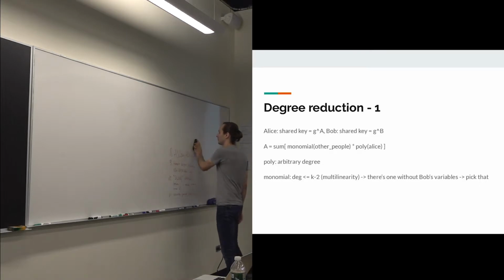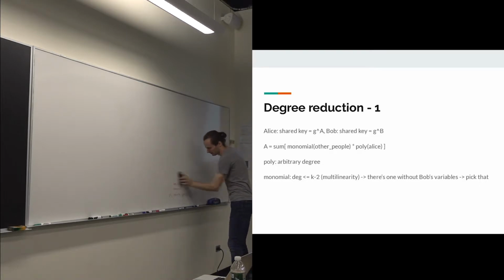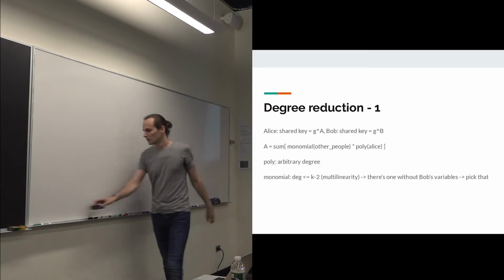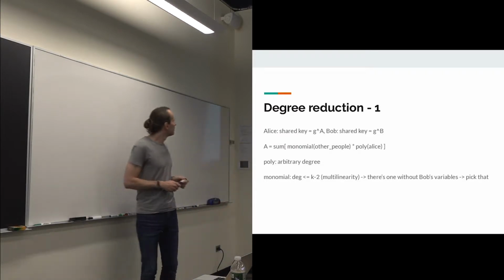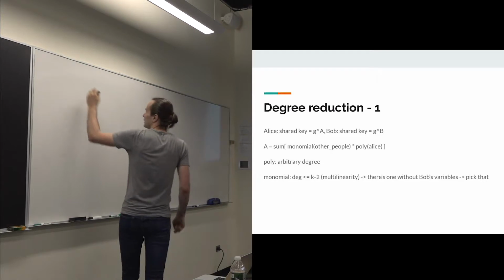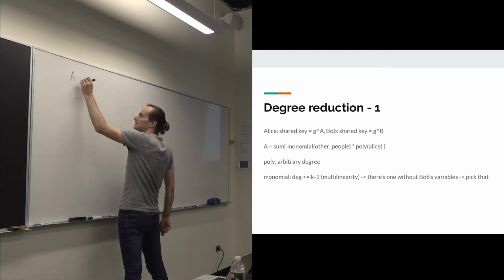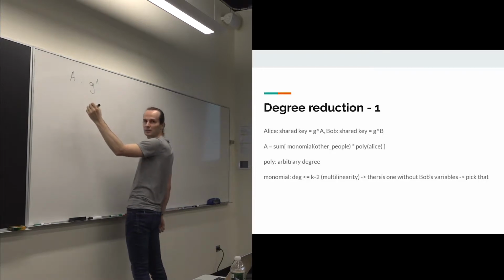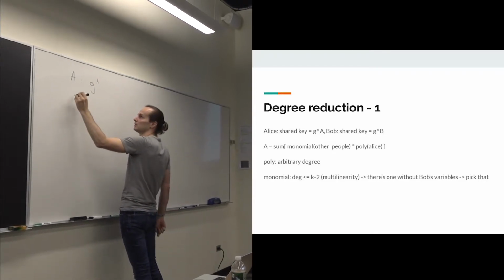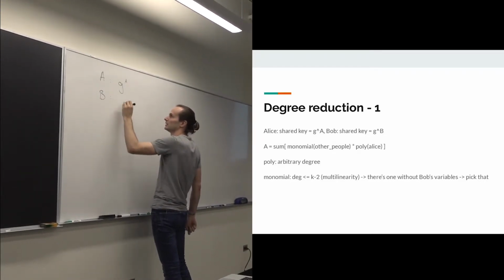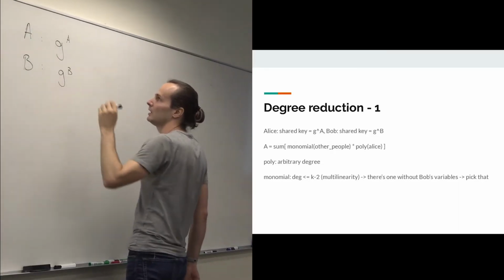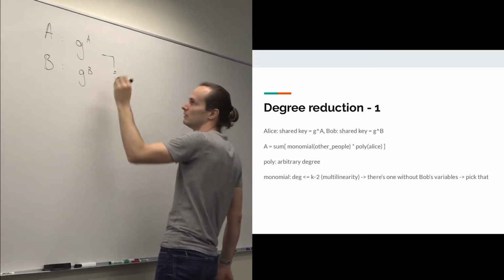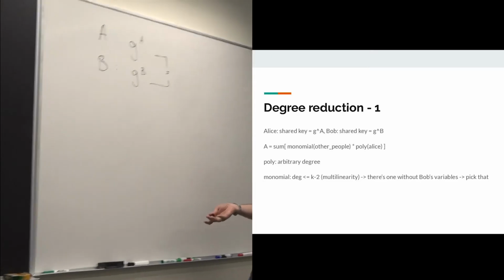Okay. So, I think what I'm trying to say here is that Alice has G to the A. Is this good enough? Yep, I'm just gonna zoom in a little bit. Bob has G to the B, and these should be equal because it's a shared key.